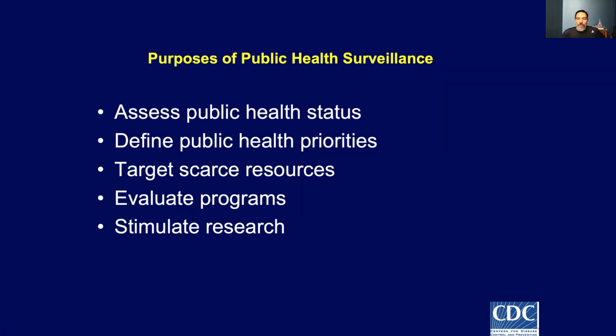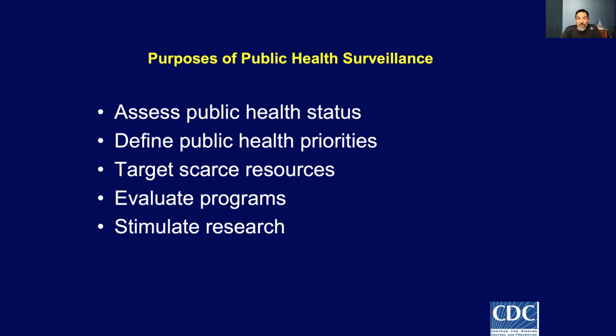So public health surveillance has some very broad purposes that support the ability for public health agencies to achieve their goal, including assessing broadly public health status, defining public health priorities, which we saw with the examples of tracking the causes of death in populations and ranking them as a way of setting health priorities. But of course, it's important to think beyond causes of death, and surveillance gets into disease-specific outcomes and even risk factors.